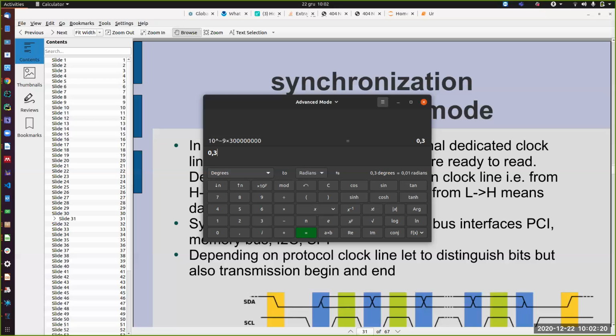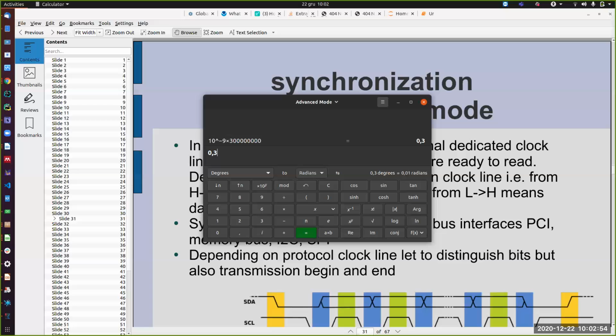So if two lines are not perfectly matched, you can observe that, for example, in one line the impulse will arrive faster than for the other line. So it is physics. On the frequency like gigahertz, you can observe these effects quite often.